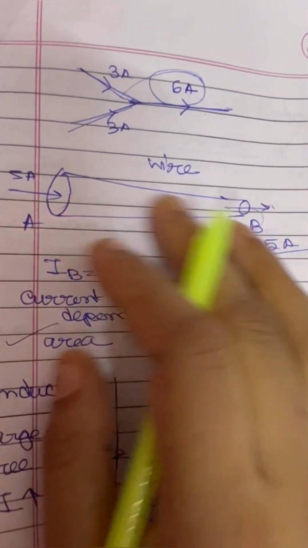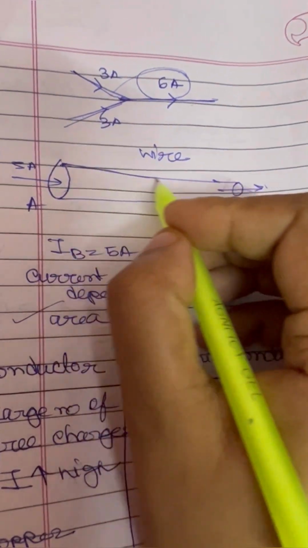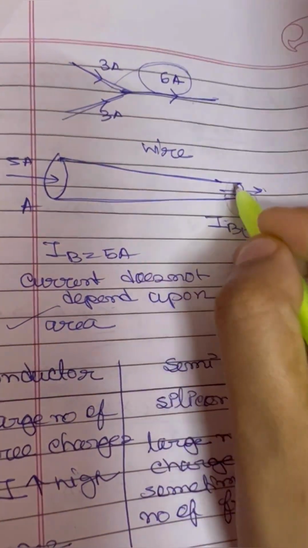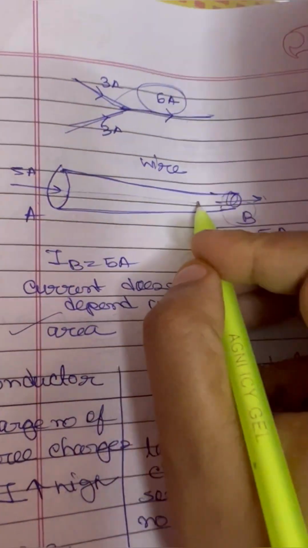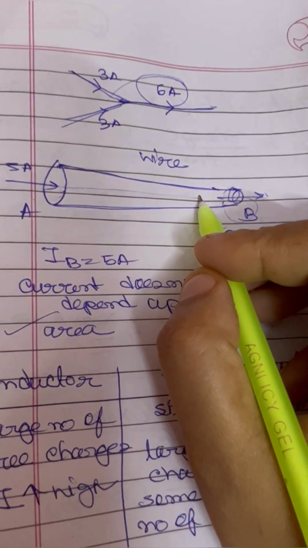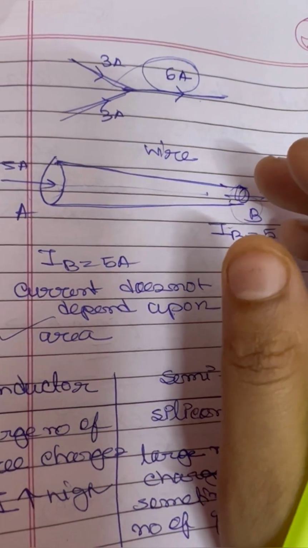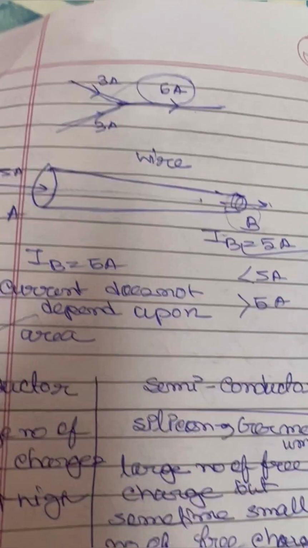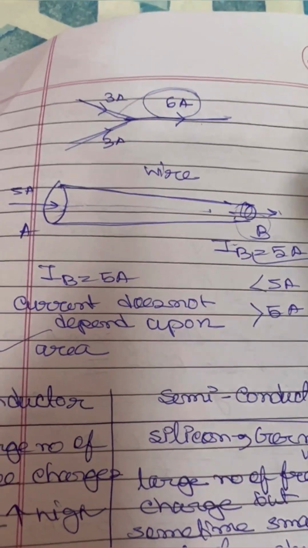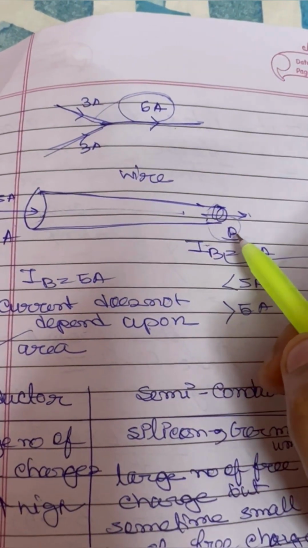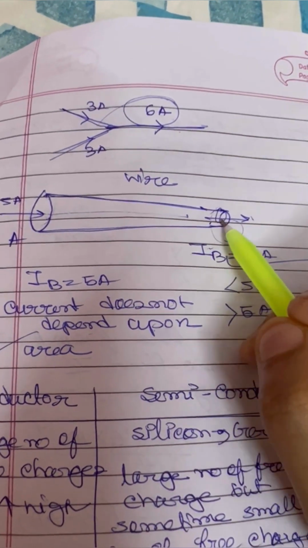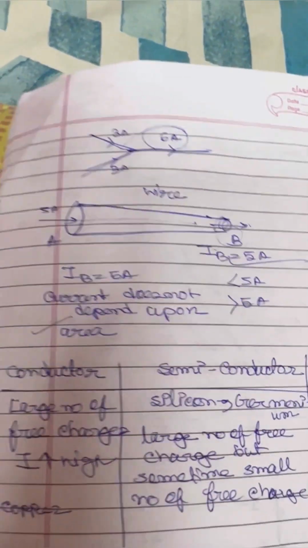We can see the area is less here, but current doesn't depend upon the area. Later we will see what current depends on, but remember current doesn't depend on the surface area. So at this position current will be the same.